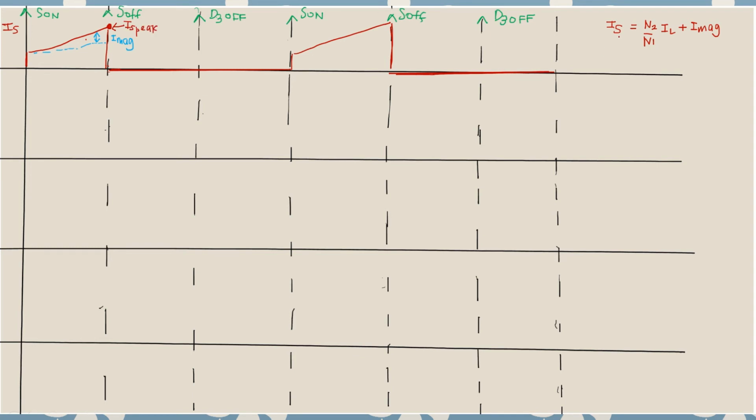It is derived from this formula, which represents that. This is actually N2 divided by N1 times IL.